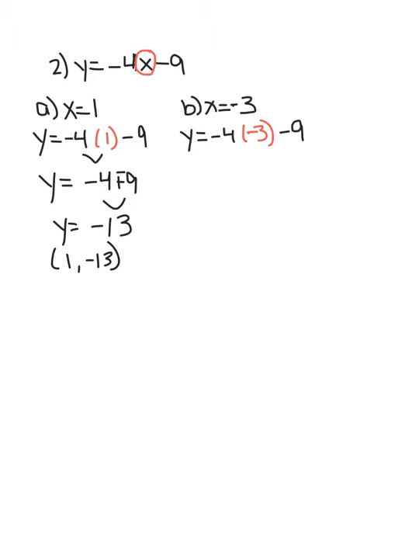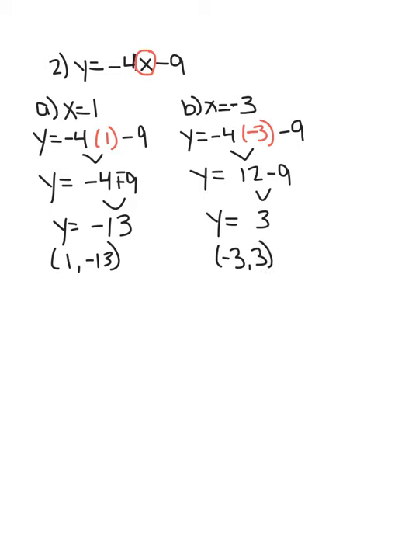So let's do the multiply first, right, because we always multiply before we add or subtract. So -4 times -3 is positive 12. Right, so y equals 12 minus 9. And then 12 minus 9 is 3. Y equals 3. So when x is -3, y is 3.